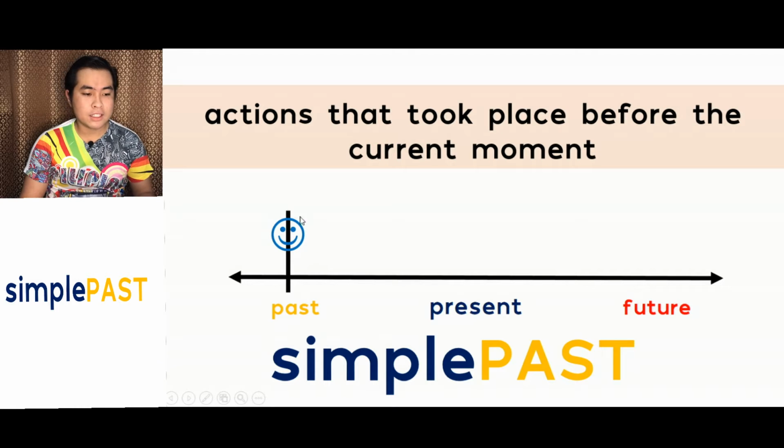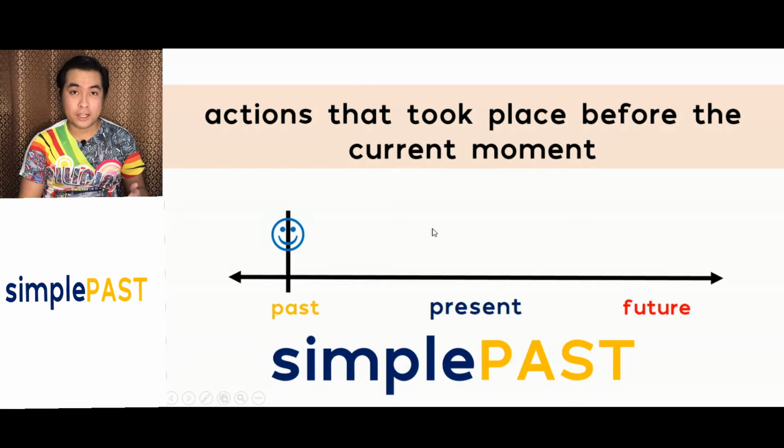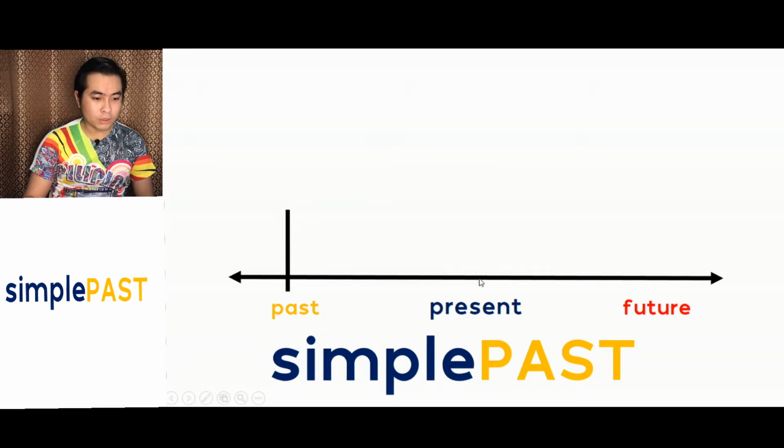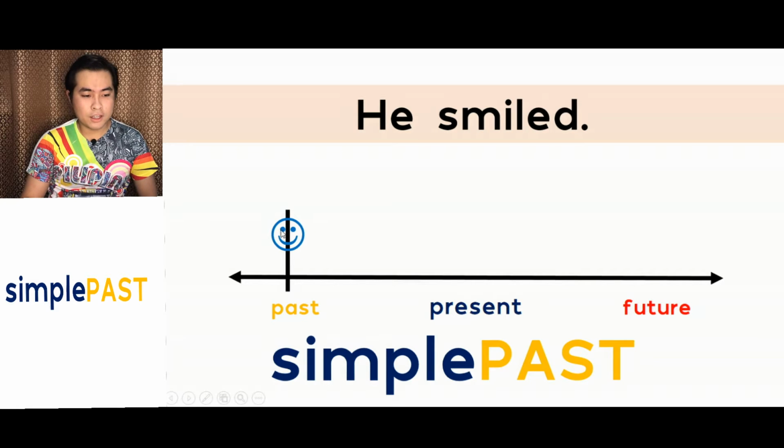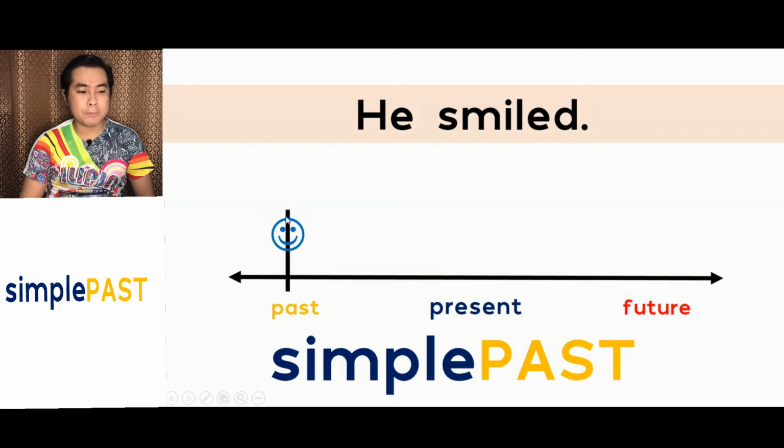In this case, we have this part of the timeline before this part of the timeline, which is your present or now. In this example sentence, we have he smiled. The verb smiled happened somewhere here in the past, before this time.